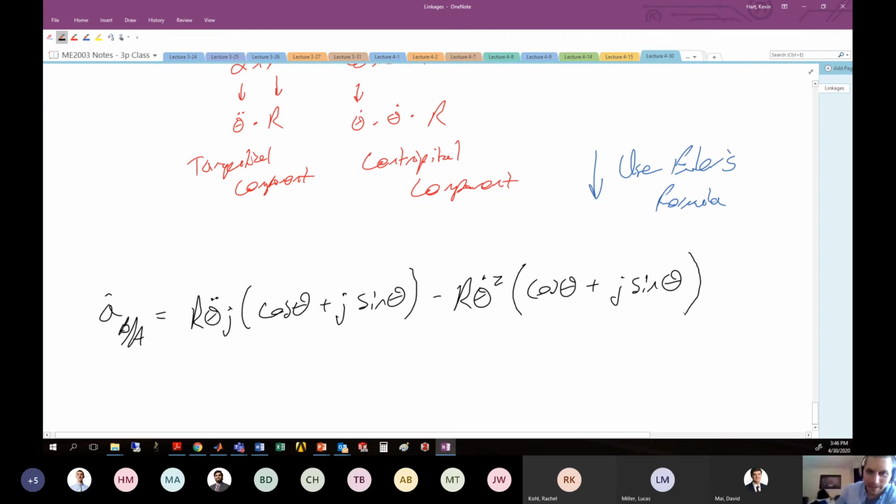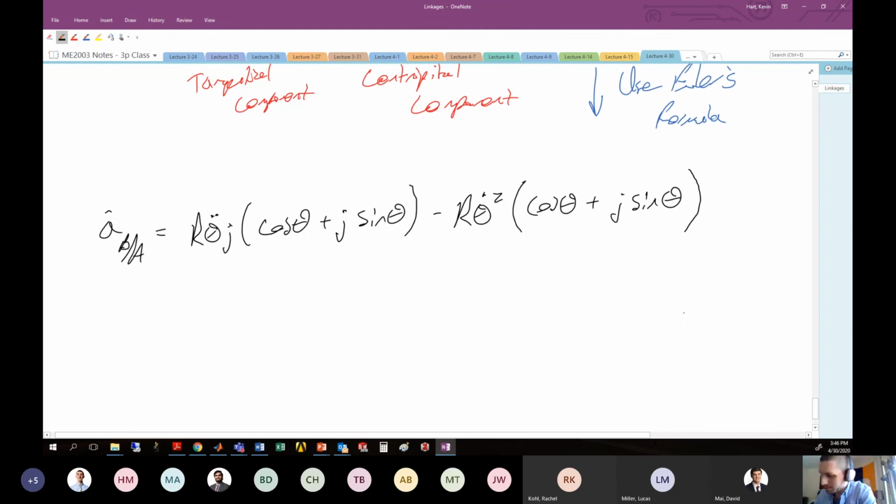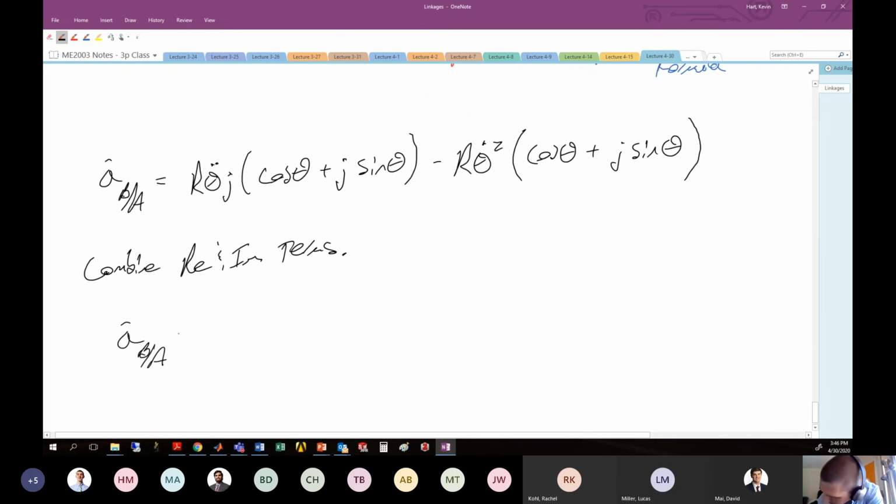Now I want to get all my real and imaginary components together, because all the real components represent the x direction, and all the imaginary components represent the y direction. So let's combine real and imaginary terms, and you'll be left with the following.